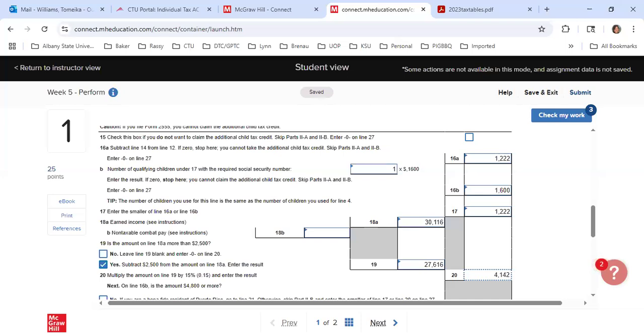Let me know you have everything here before we go down to the very bottom of this form.